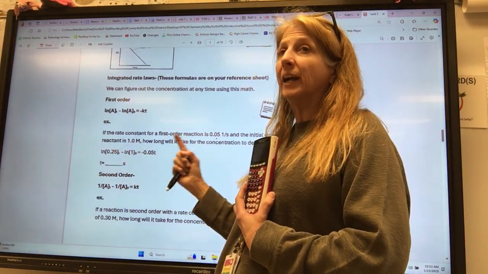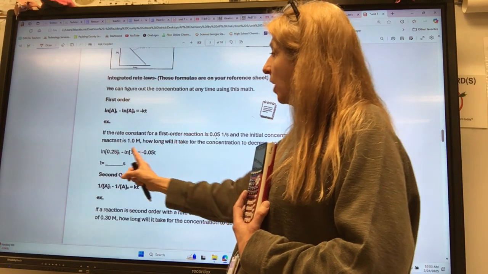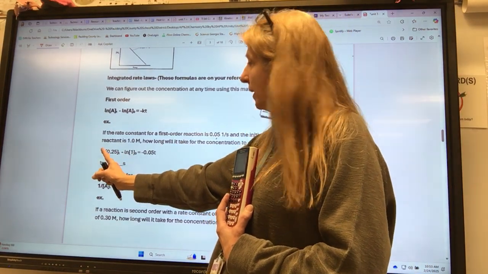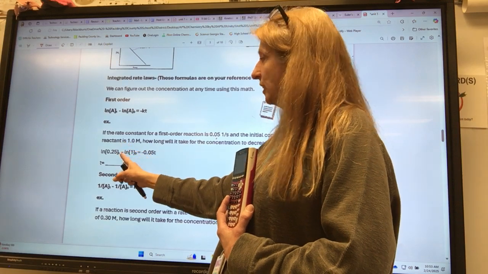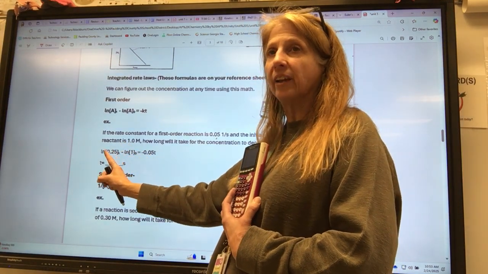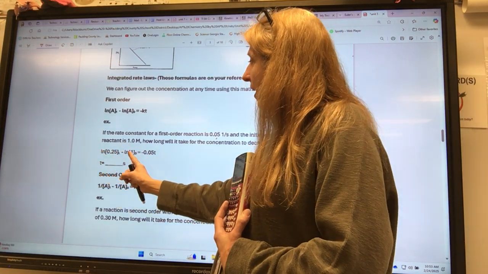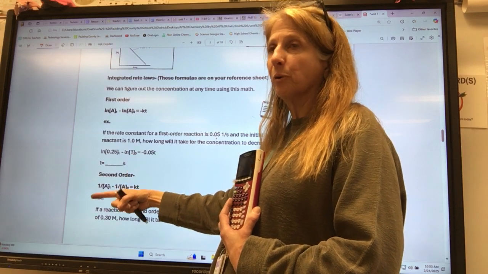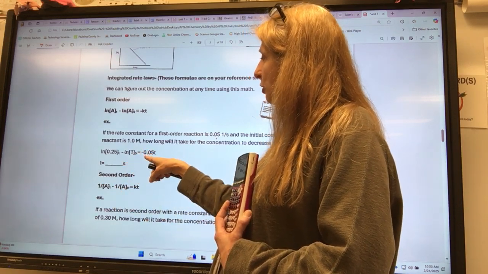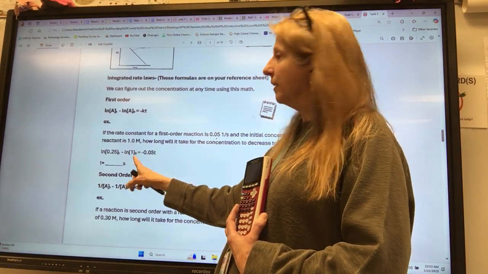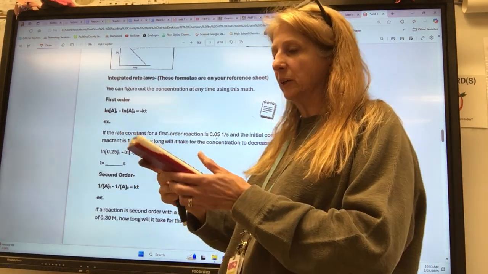I want everybody to try it on their calculator right now. Natural log, hit that button. 0.25, put it in the parentheses. Minus, use minus, do not use negative or you will get the wrong answer. Natural log of 1, in parentheses, equals, then divide by negative, not minus, 0.05, and see what you get.